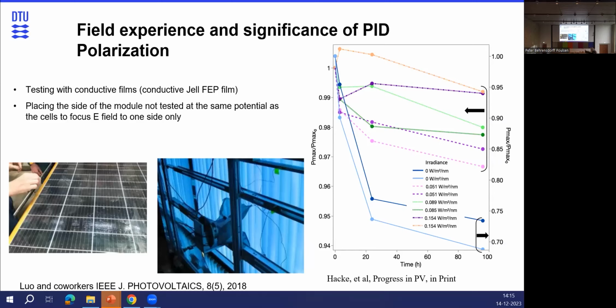Recent testing done by some of the colleagues in the subtask shows that if you do the test in the dark, the cell will degrade quite fast. But if you simulate the actual real conditions where there is some light on the backside, degradation is slower, because voltage in a string will only occur when there is some light on the panels. So testing it is not so straightforward.